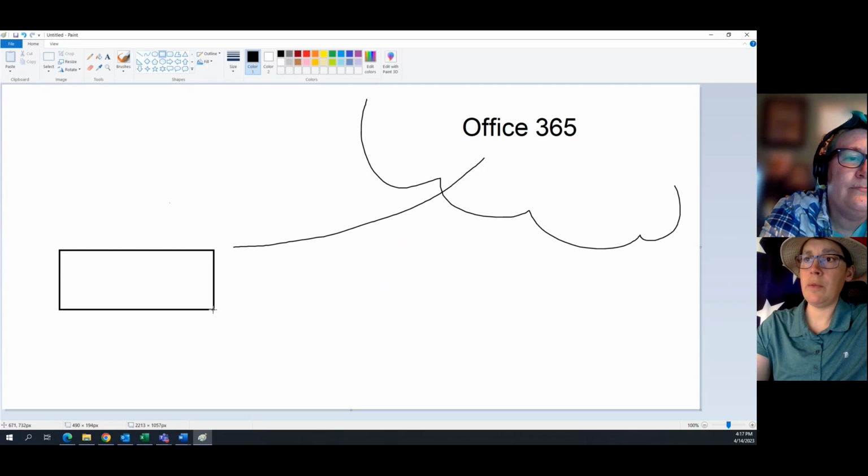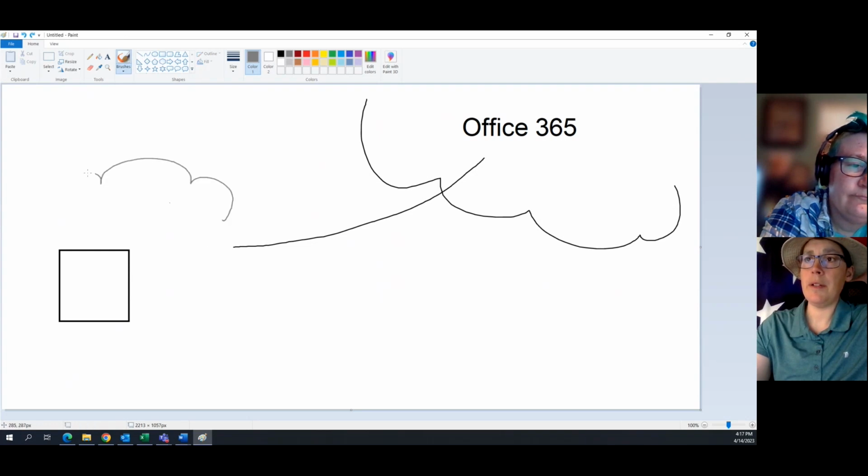But let's combine it with Wi-Fi. So you've got your building with a wireless signal. And say you've got a firewall over here that the internet goes through.